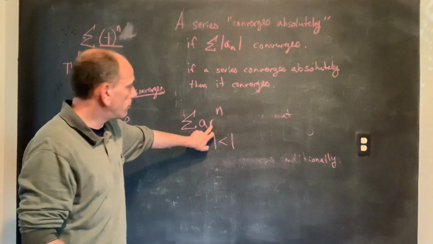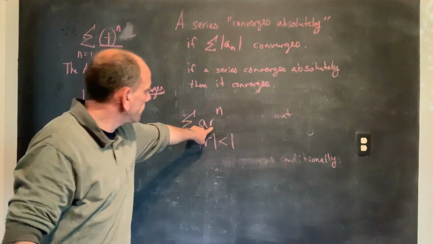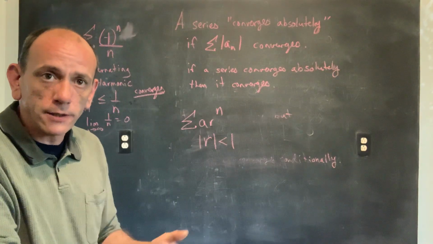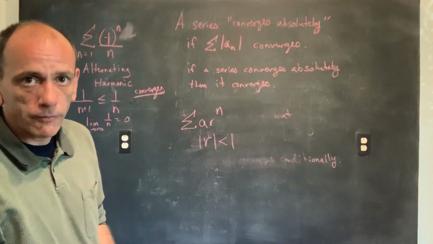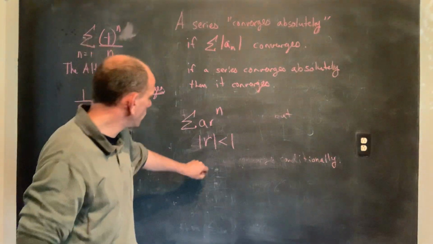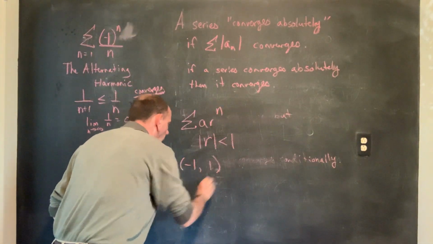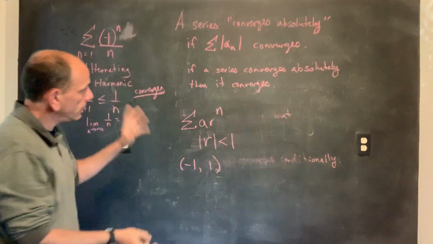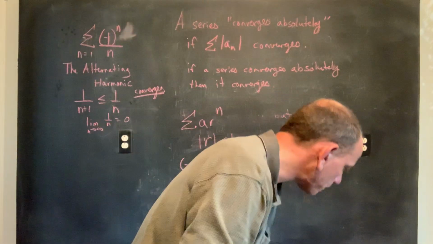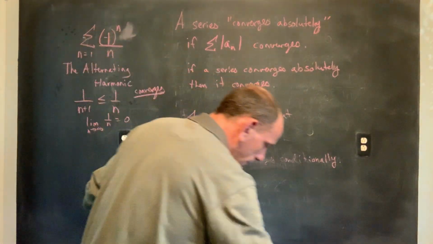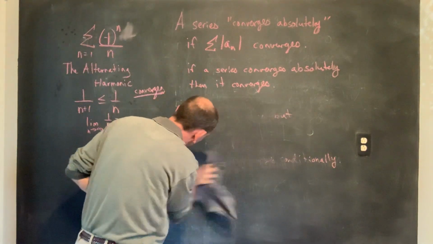If this is a proper fraction on the negative side, I take its absolute value, as long as that's a proper fraction, it's going to decrease to zero. And so by the alternating series test, it'll converge. That's why it's absolute value of r. I can get anything from -1 to 1. Good. So there we've completed the picture on the geometric series.